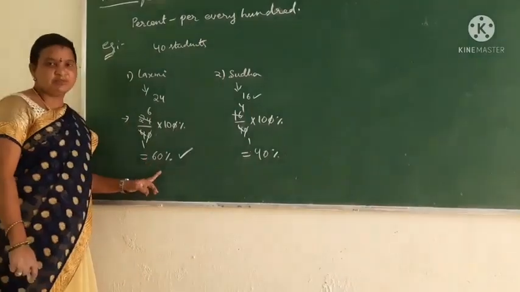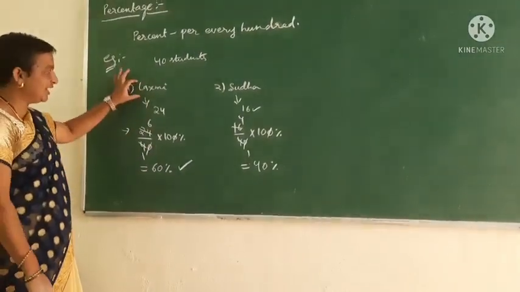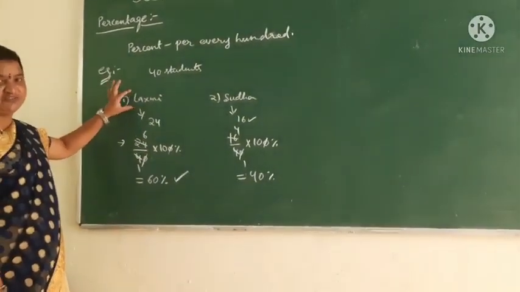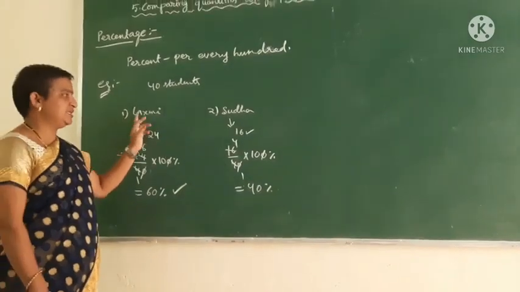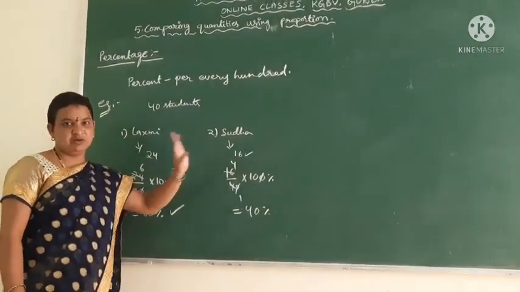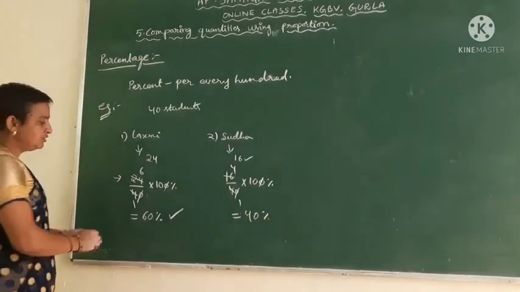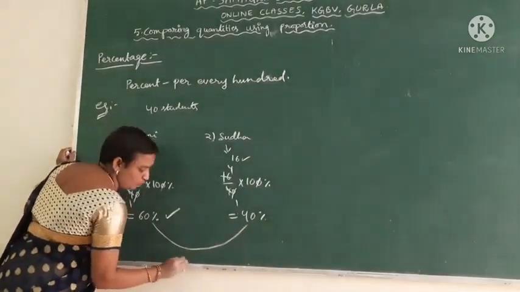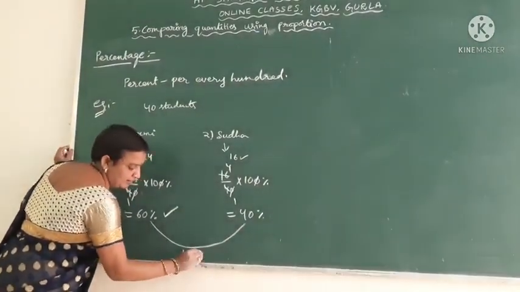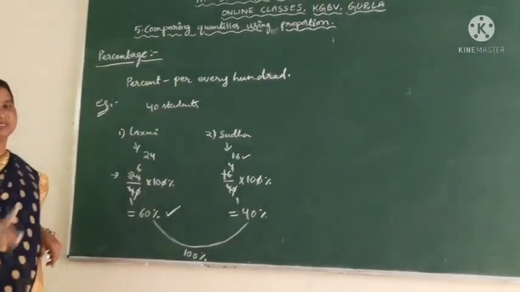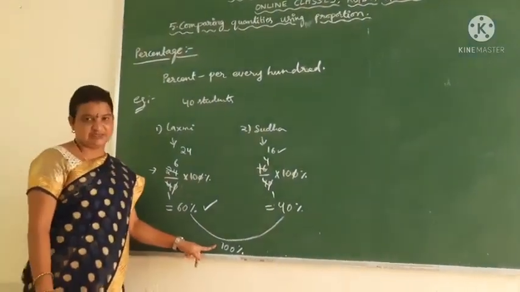Lakshmi got 60% of votes, that's why she was elected as class leader. The total of these two is 100. The total must always be equal to 100%.